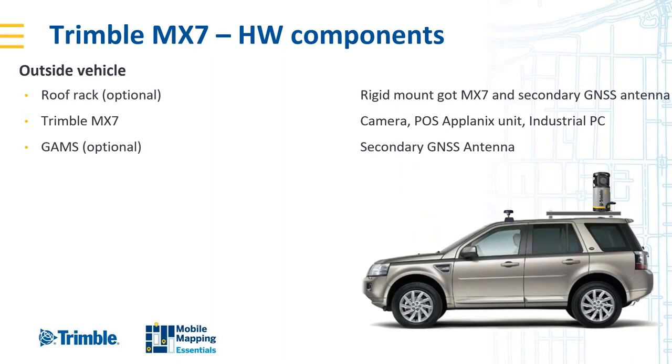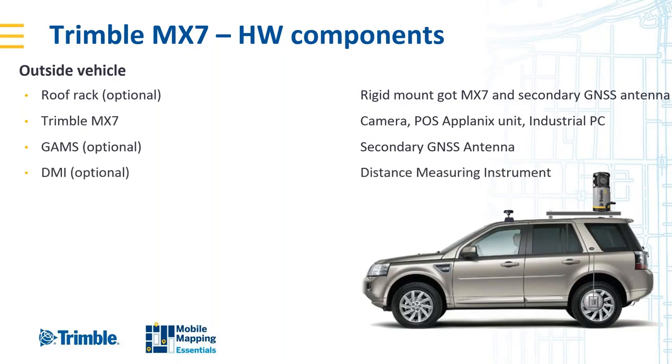We may have a second antenna. This is called GAMS. This is a secondary antenna for helping to measure heading. It's constantly recalibrating the inertial heading against a very precise GNSS-based heading.